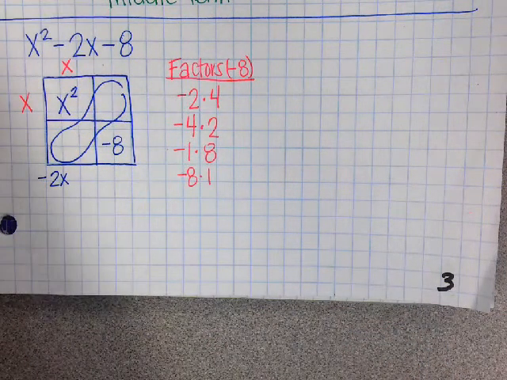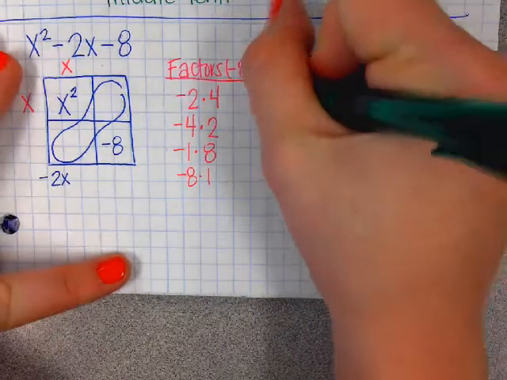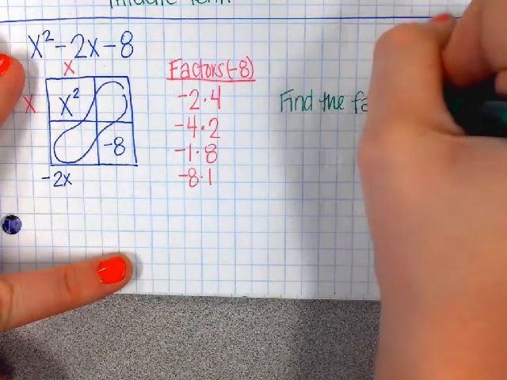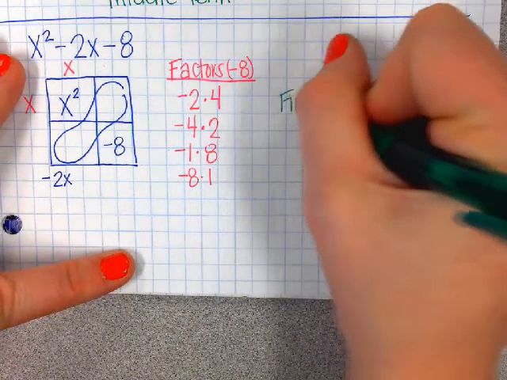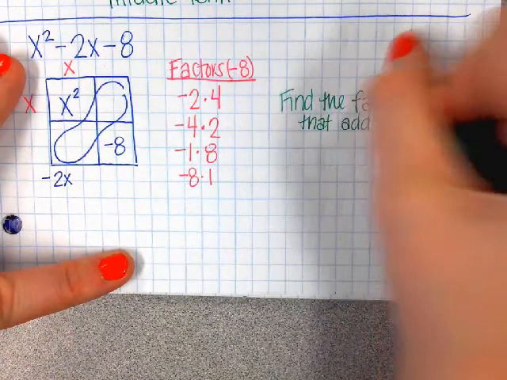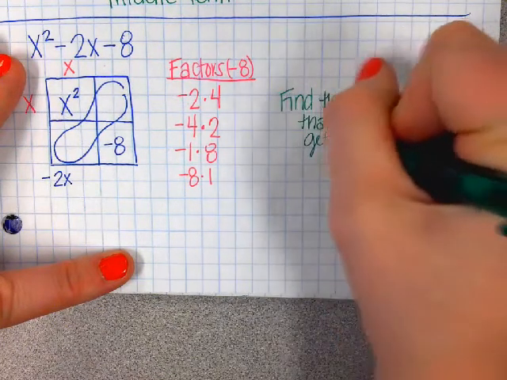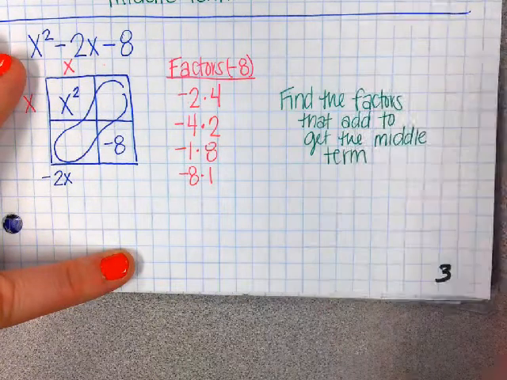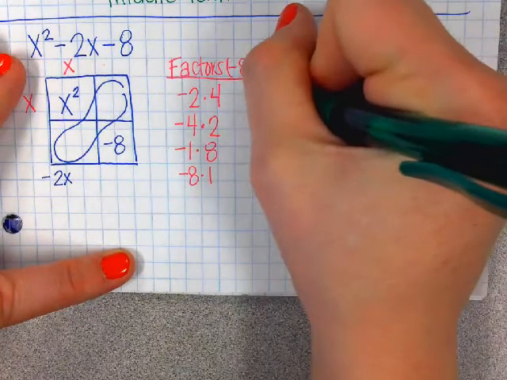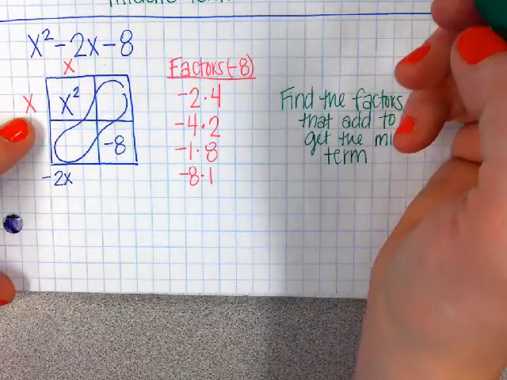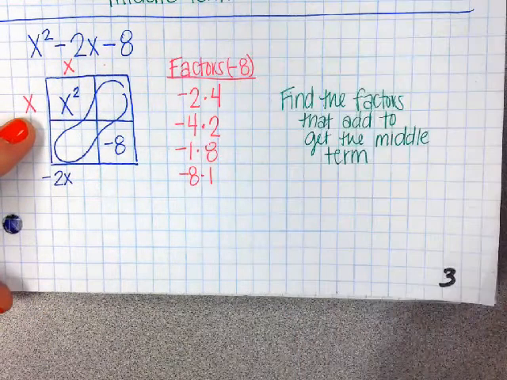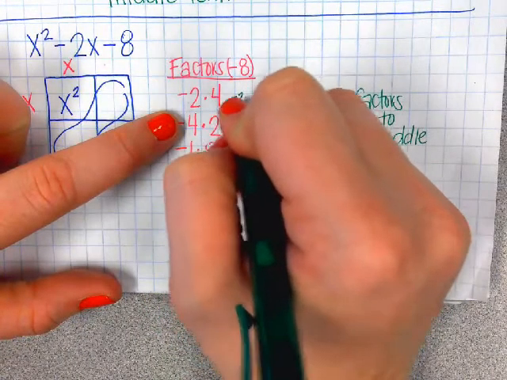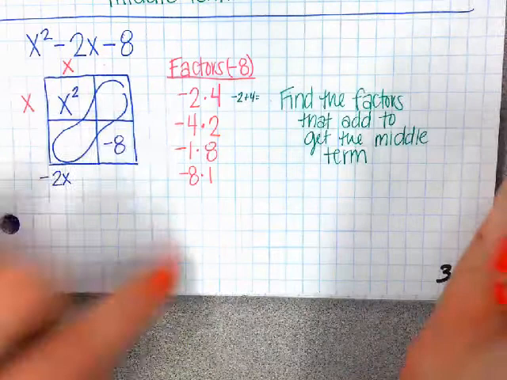Okay? Now, this is the part where it gets a little weird and tricky. You need to find the factors that add to get the middle term. Okay, so what is negative 2 plus 4?